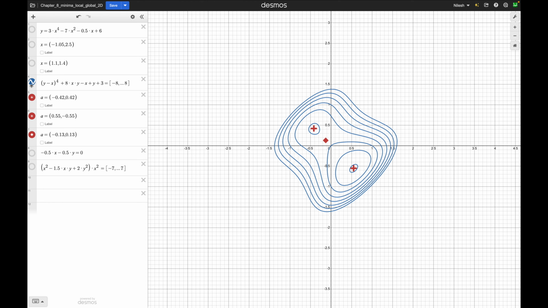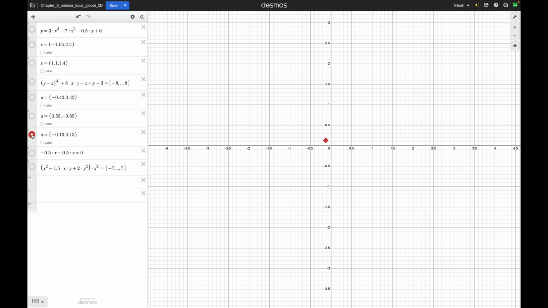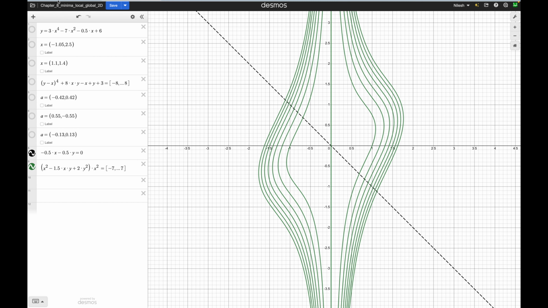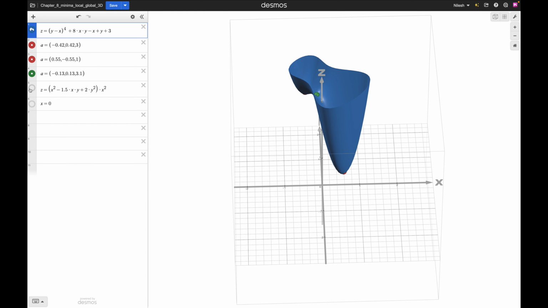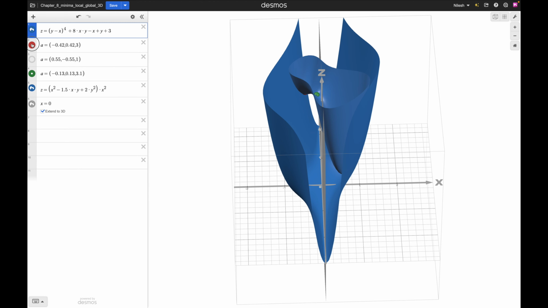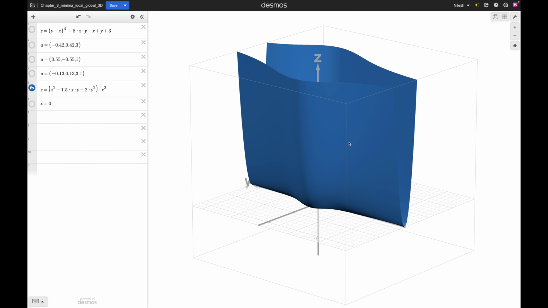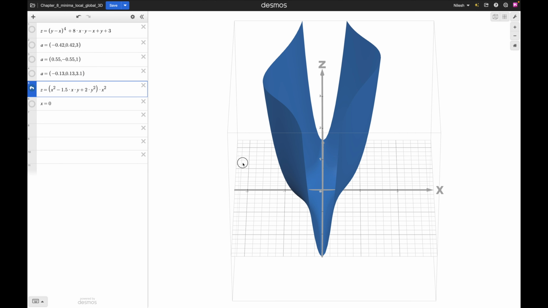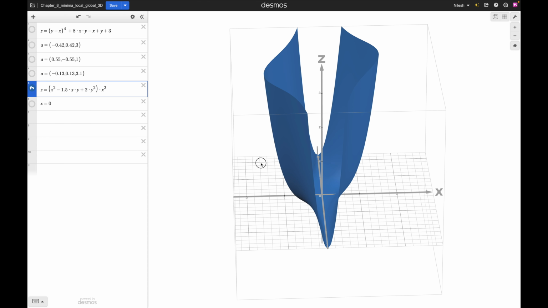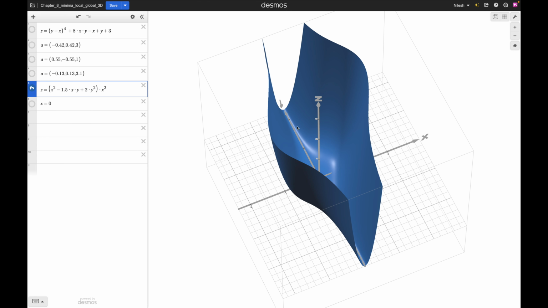Next, let's look at yet another plot, which is this one, and we can look at the 3D first. So I'm going to plot that here, and this is the surface. As you can see, this surface is such that we have this line.